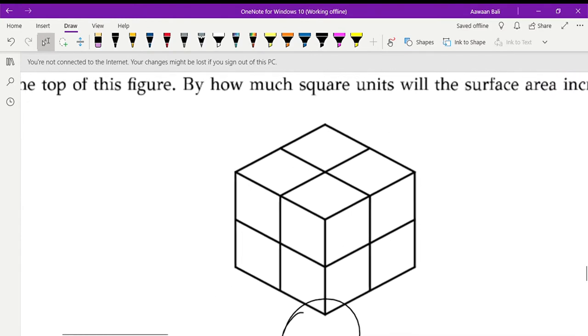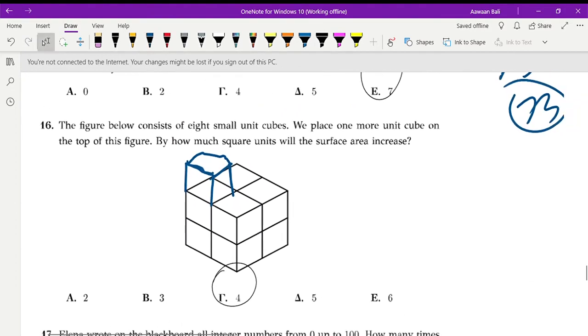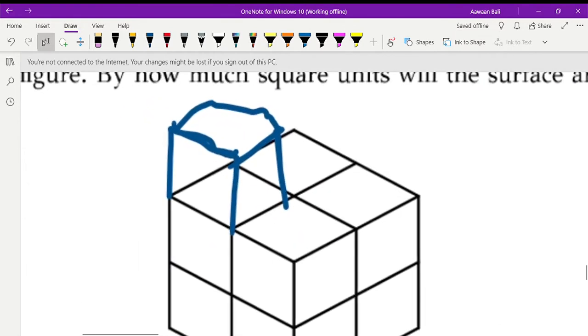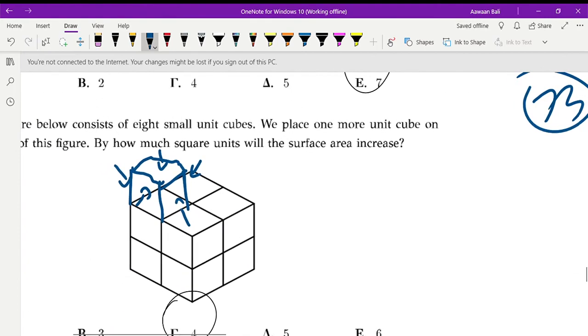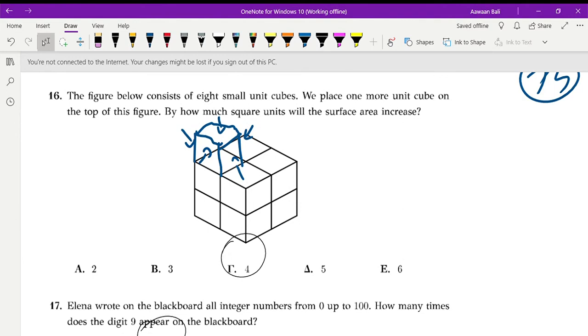Now it says we place one small unit cube on here. So let's say I'm just going to draw one little transparent cube right here. Now we know in a cube there are 6 sides: the side at the back, this side, this side, this side, and this side at the bottom. However, the side at the bottom is covered, so you think the rest of the sides are not covered, which means the total surface area would increase by 5, right?